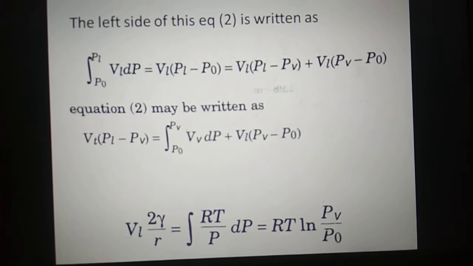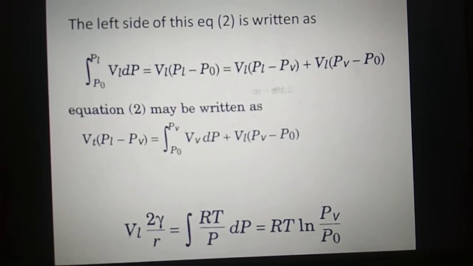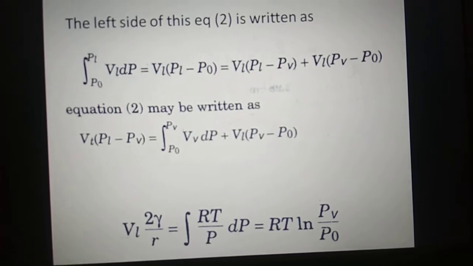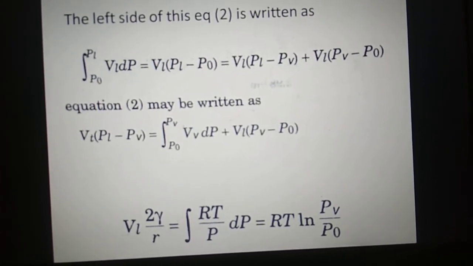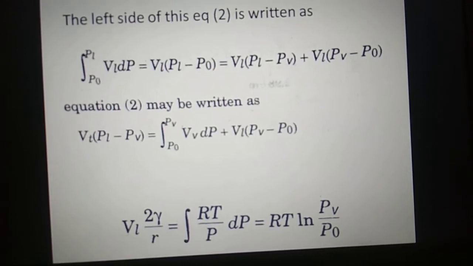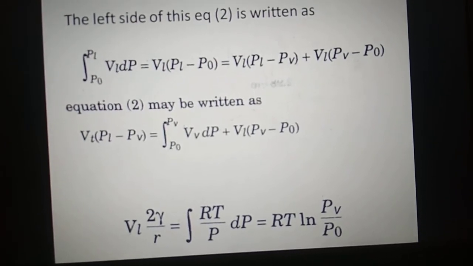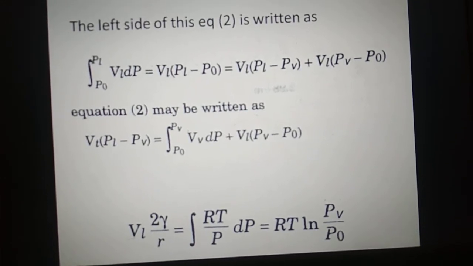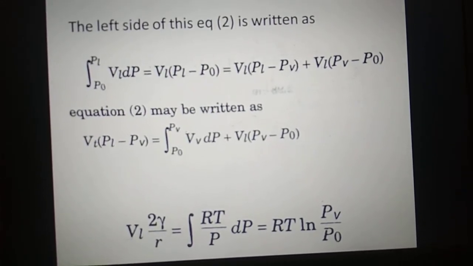This is equation 3. This shows that equation 2 may be written as VL (PL minus PV) is equal to integration from P0 to PV of VV dP plus VL (PV minus P0).